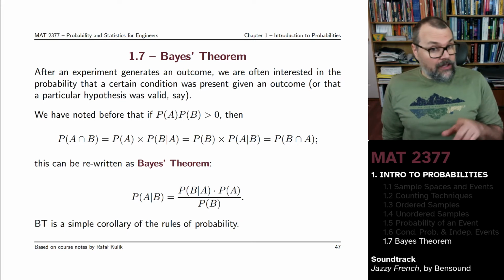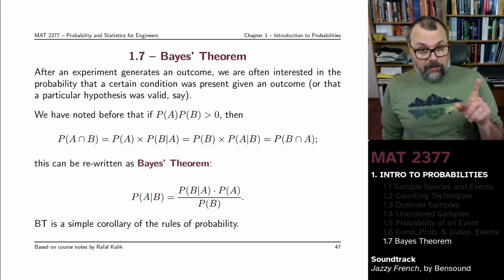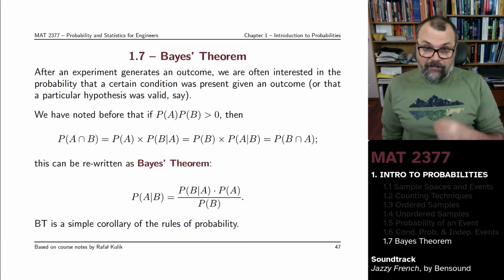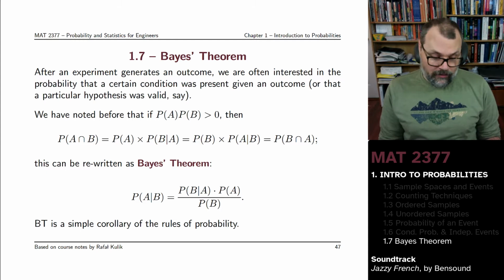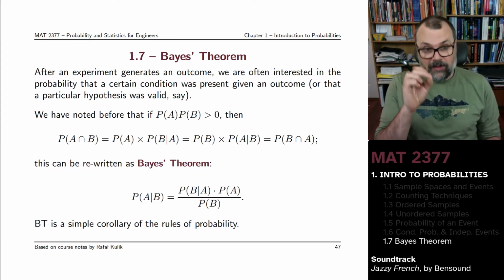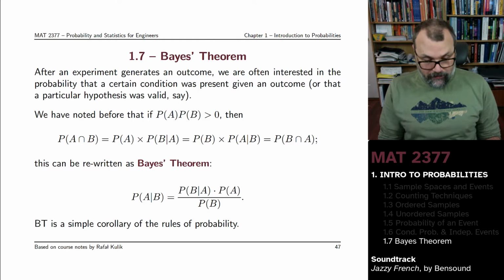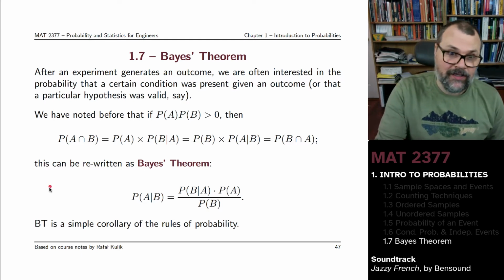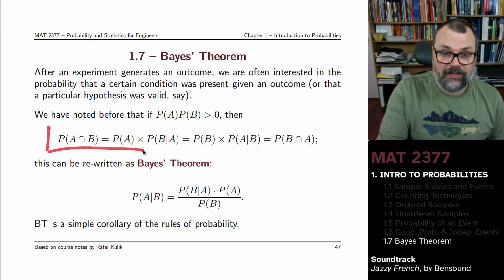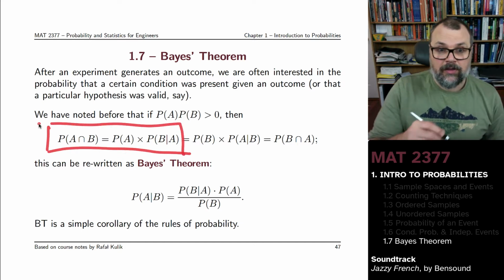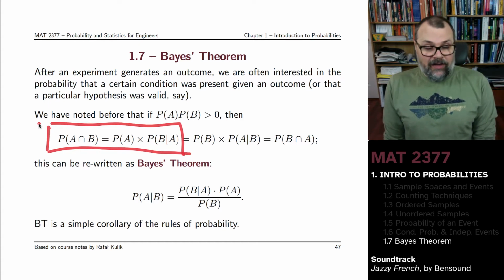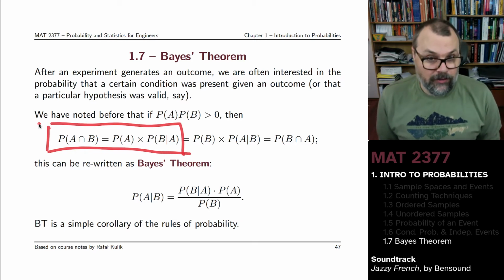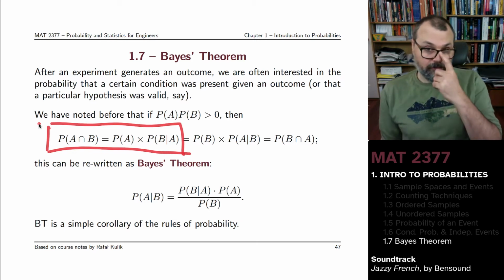So we've already noted that if the probabilities of, say, events A and B are both non-zero, which is to say their product is non-zero, you can write the probability of the intersection in two different ways. You can view the probability of A intersection B as the product of the probability of A by the probability of B given A. You obtain that simply by using the definition of the conditional probability and rearranging the terms.